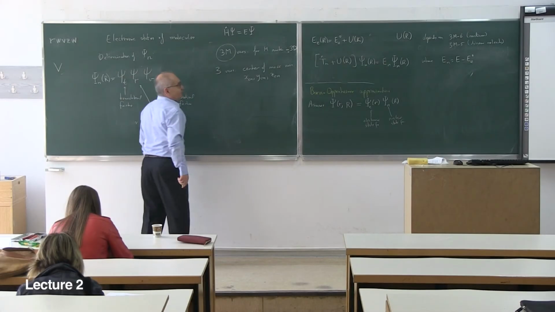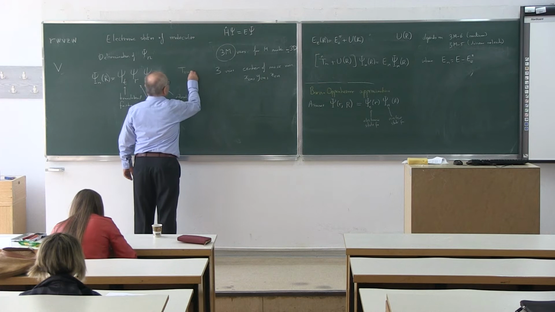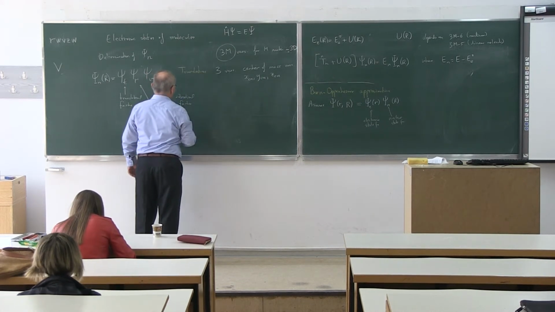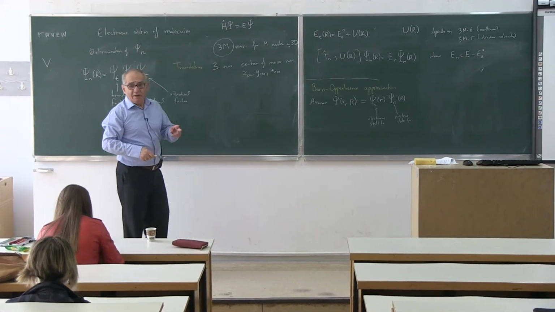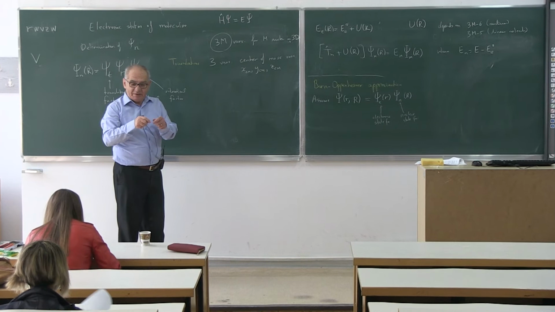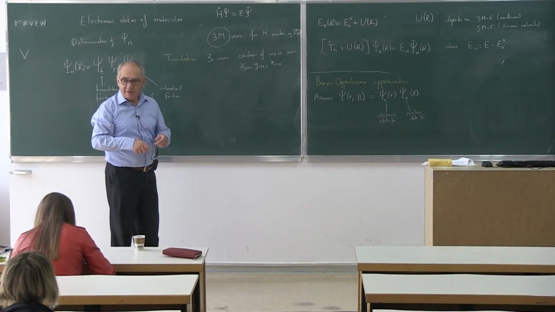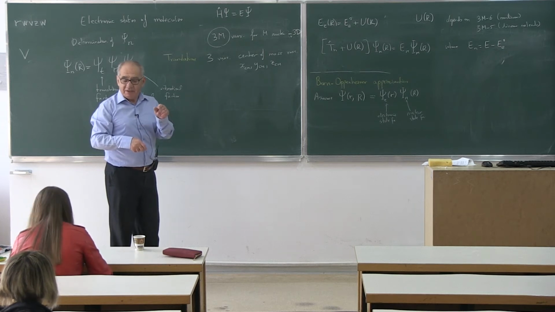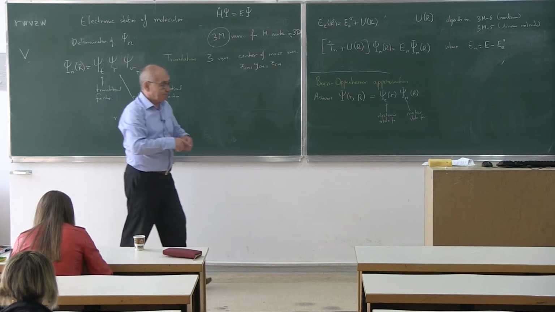The center of mass variables are called translational variables or translations. Then, depending on whether the molecule is linear or non-linear, 2 or 3 variables are chosen to describe rotational motion.